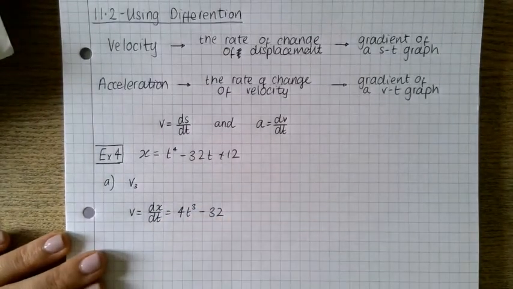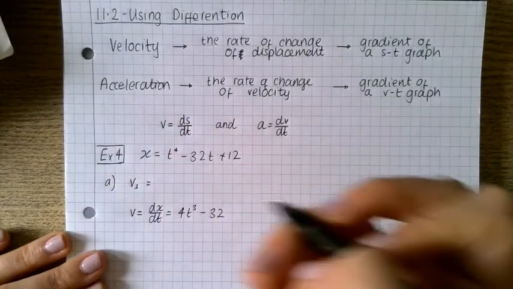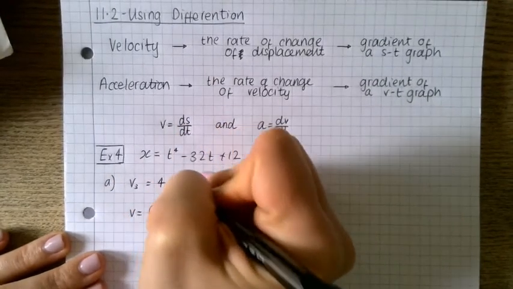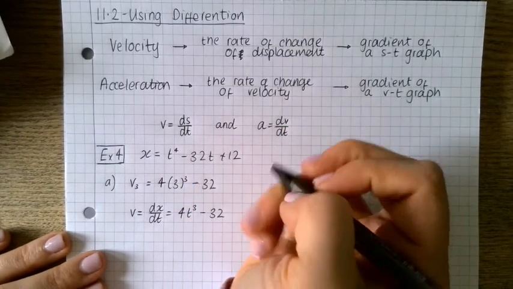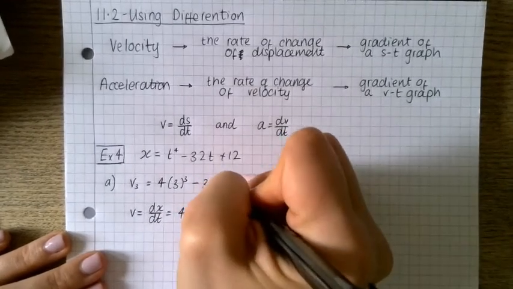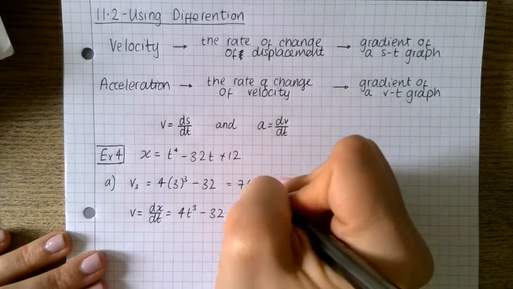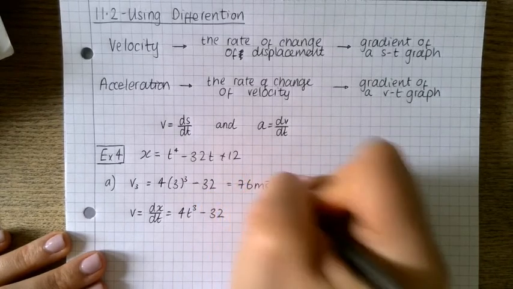And then to find the velocity when t is 3, so at 3 seconds, we're just going to substitute the number 3 into the function. So we end up with 76 meters per second as our answer.